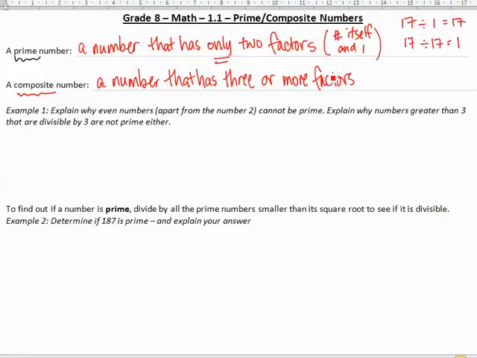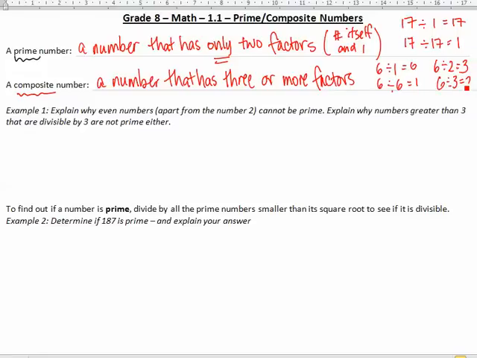So for example, the number 6 can be divided by 1. 6 divided by 1 is 6. Also, 6 divided by itself. So 1 and 6 are partners. However, other numbers can also go into 6. So 6 divided by 2 gives 3, and 6 divided by 3 is 2. So they're partners as well.